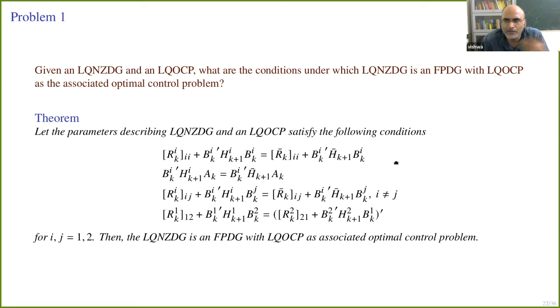We use theorem 1, and both the game and the optimal control problem parameters have to satisfy these conditions jointly. Let the parameters satisfy the following conditions. Then the game is a feedback potential game with the LQ OCP as an associated optimal control problem. Associated optimal control problem means that its solution provides a feedback Nash equilibrium of this game.